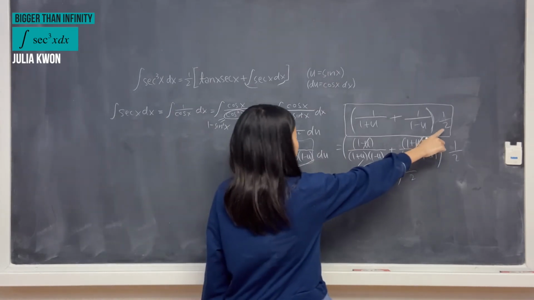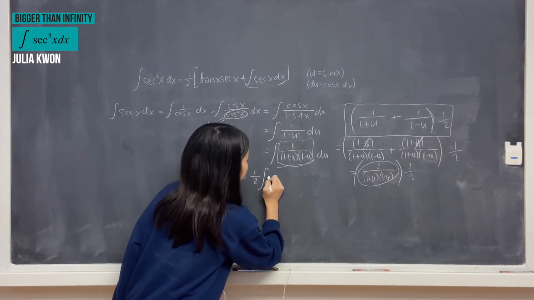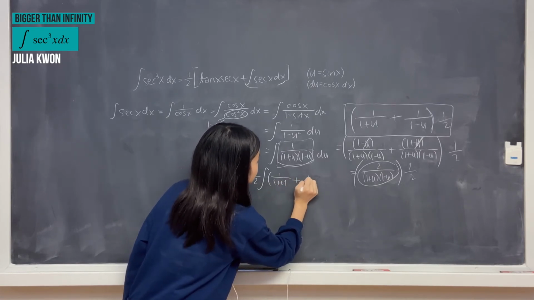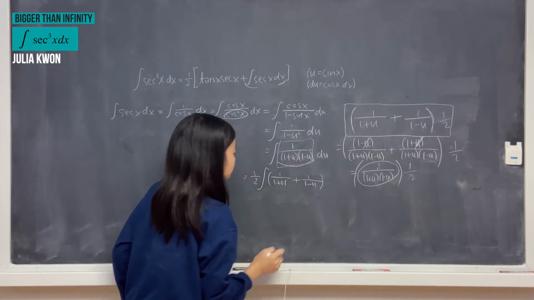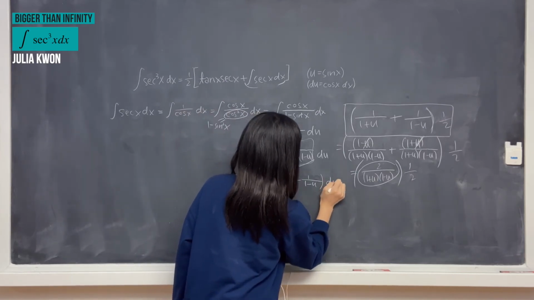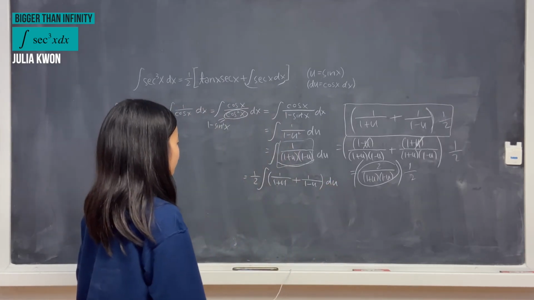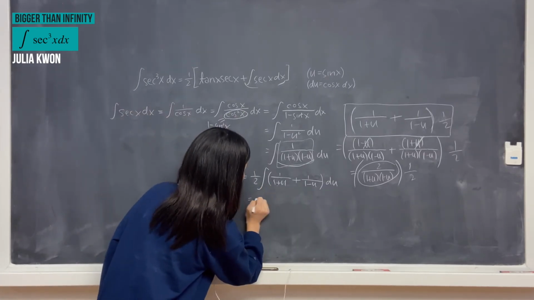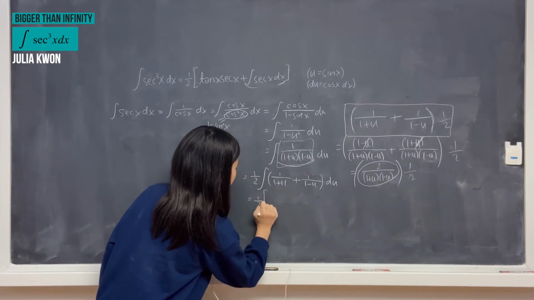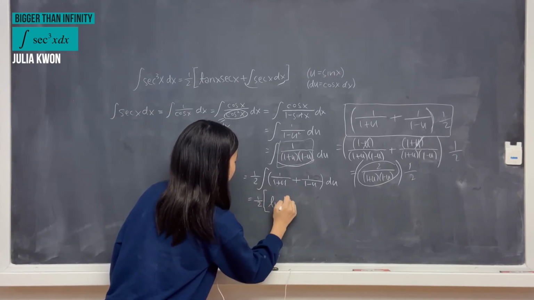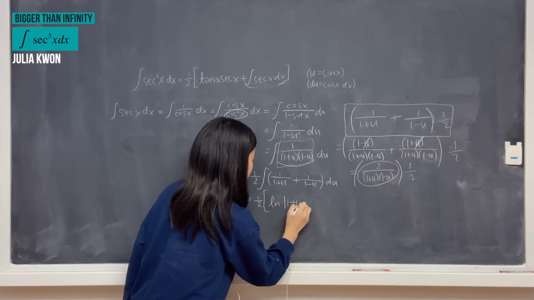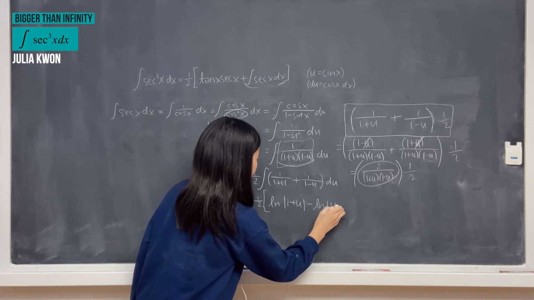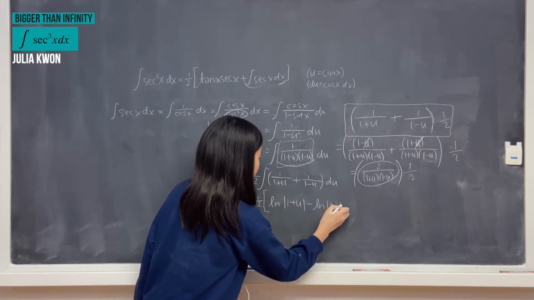And we can just put the 1/2 in the front. 1 over 1 plus u plus 1 over 1 minus u, and du. And now we can just take the integral, and that would be ln absolute value of 1 plus u minus ln absolute value of 1 minus u.